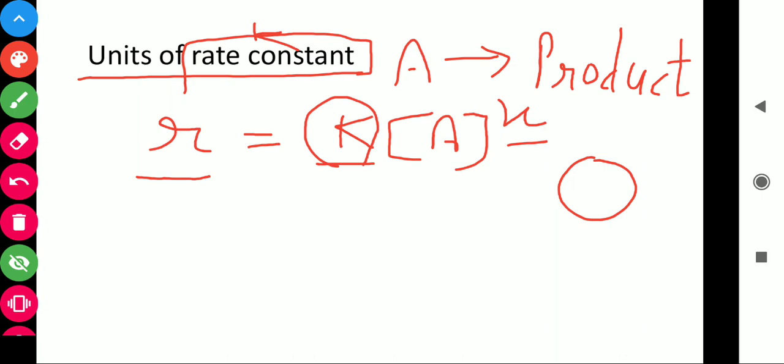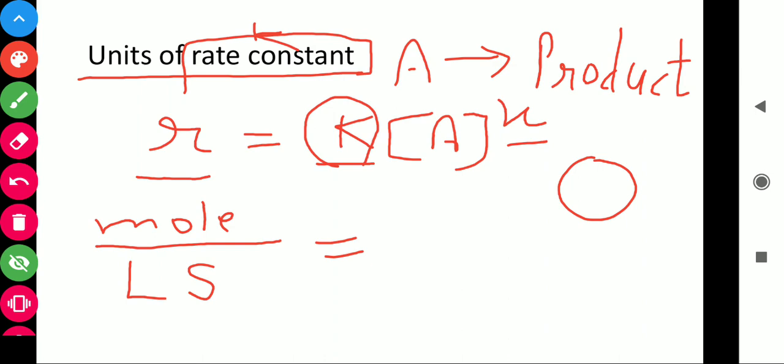Here, the rate of reaction has the unit mole per liter second, and K A to the power 0. I am calculating the rate constant for a zero order reaction.